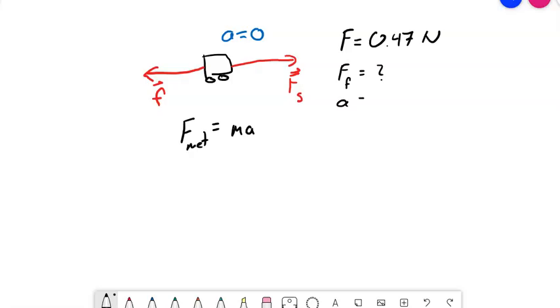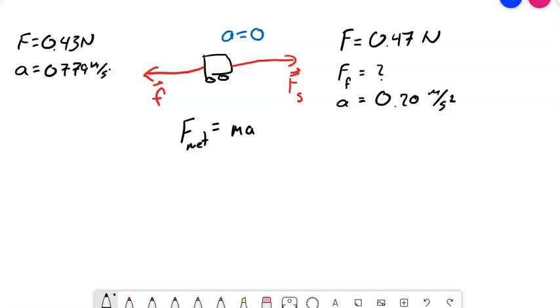We do know that the acceleration is 0.20 meters per second squared. We also know from the previous experiment that the applied force F was 0.43 newtons, and that the acceleration A was 0.779 meters per second squared.